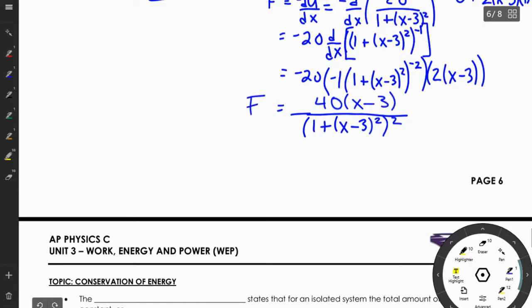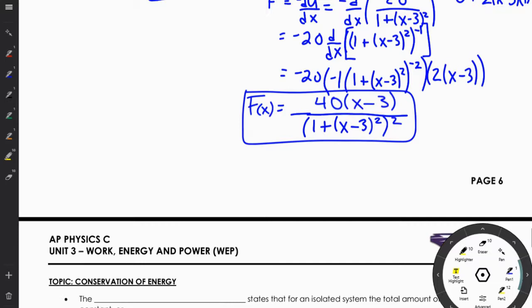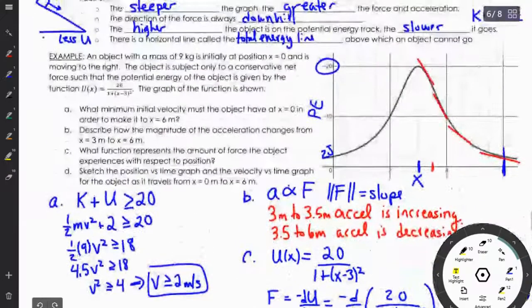So the force as a function of x, or a position, is simply 40 times x minus 3 over 1 plus x minus 3 squared, and then that squared. And so what that function actually looks like, it's a pretty cool function, and it looks something like this. And you can look at this idea that it should match up, based on, if we look at this original graph, what's happening.